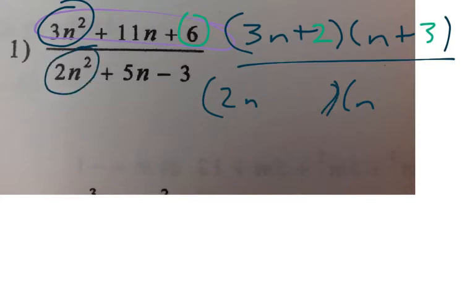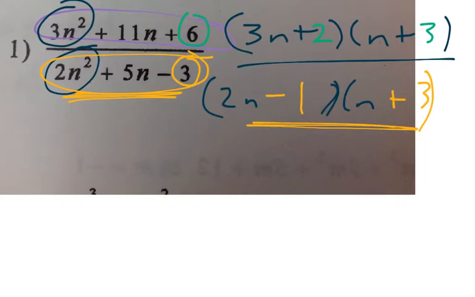I know that 1 times 3 is going to give me the 3. I know if I do a plus 3 minus 1, I'm going to get this expression. And go ahead and pause the video if you need to, and you can multiply that and prove to yourself that this denominator is the same as what I just factored over here.